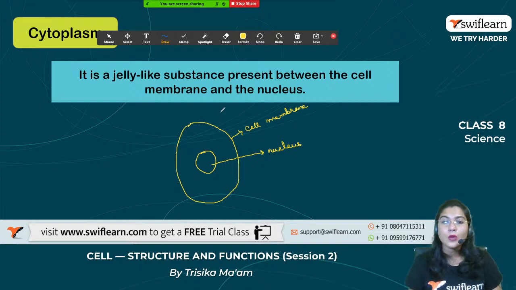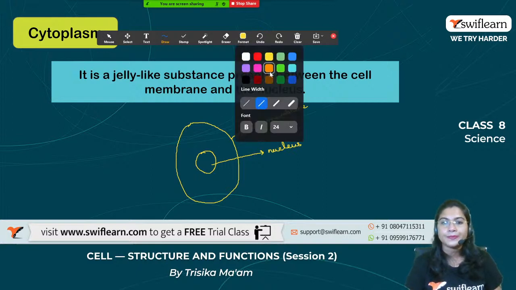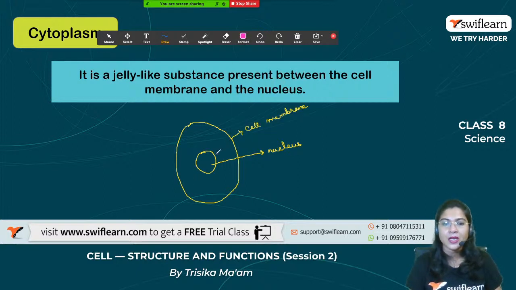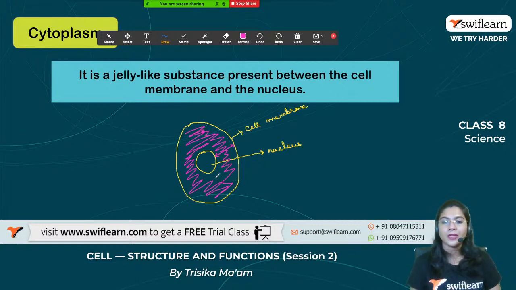Now in between it, I'm taking some other pen. So the region in between this cell membrane and the nucleus, there is the fluid which is present, which I am drawing with pink colored pen, and this is the cytoplasm. Here the cytoplasm is present in between the nucleus and the cell membrane.